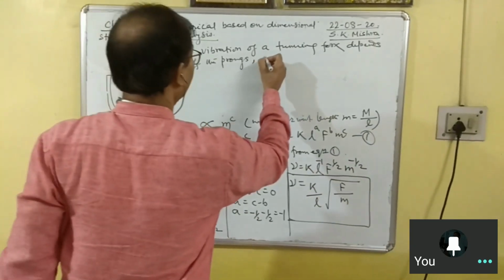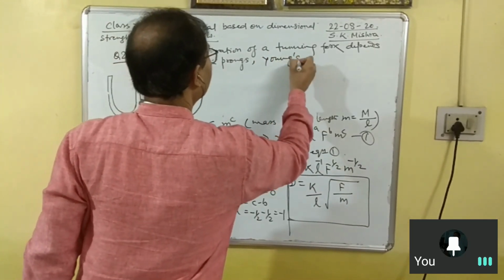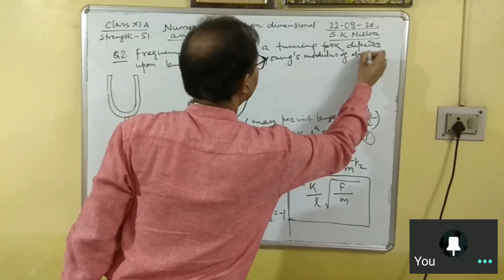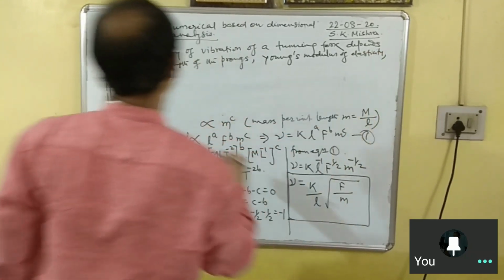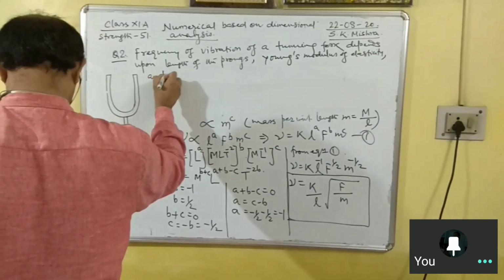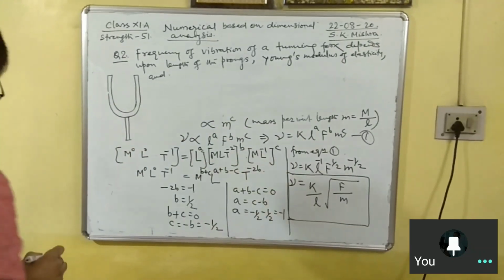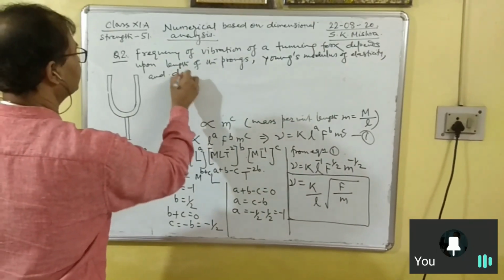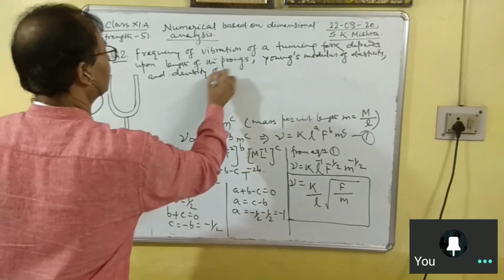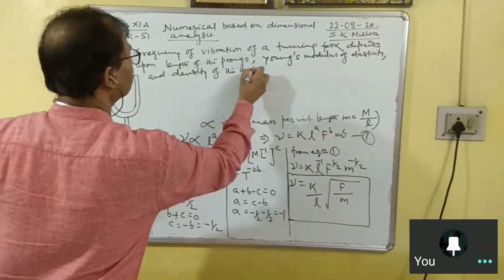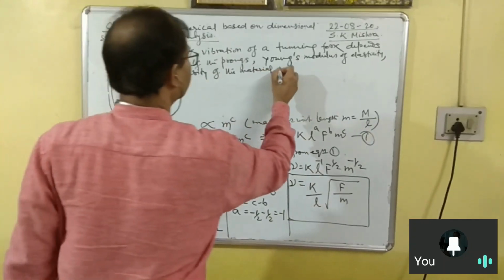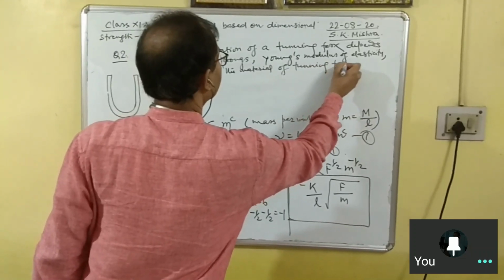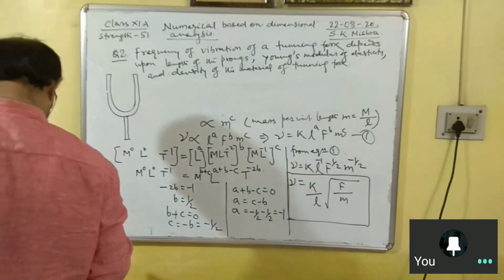And the third factor is density of the material of the prongs, the density of the material of the tuning fork. Am I right? So this is the scenario.